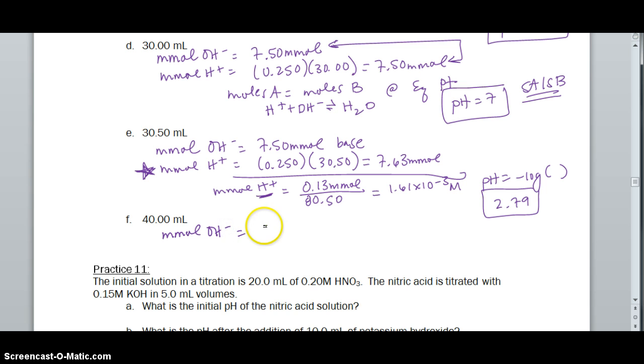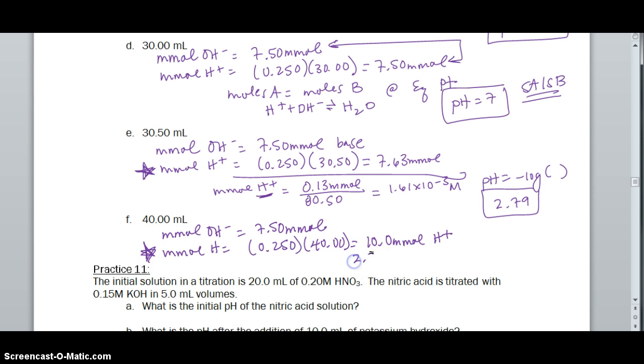Millimoles of OH minus, starting at 7.5. Millimoles of H plus, concentration 0.250. We've added 40. We get 10 millimoles of H plus. So 7.5, who's in excess? This guy's in excess by 2.5 millimoles.